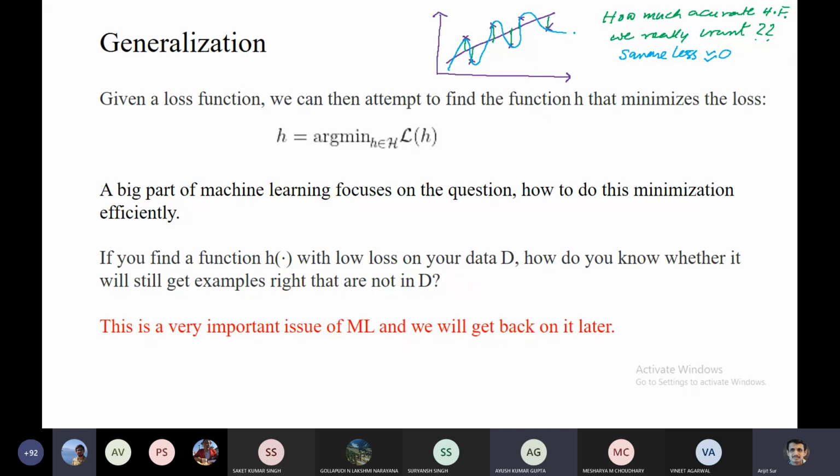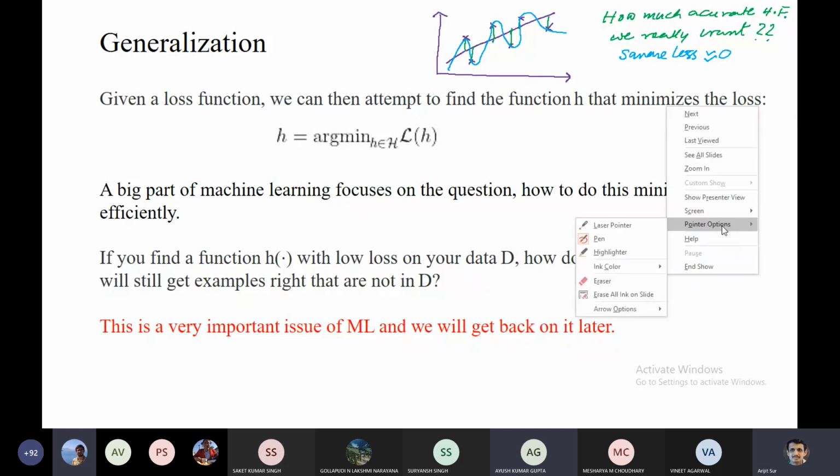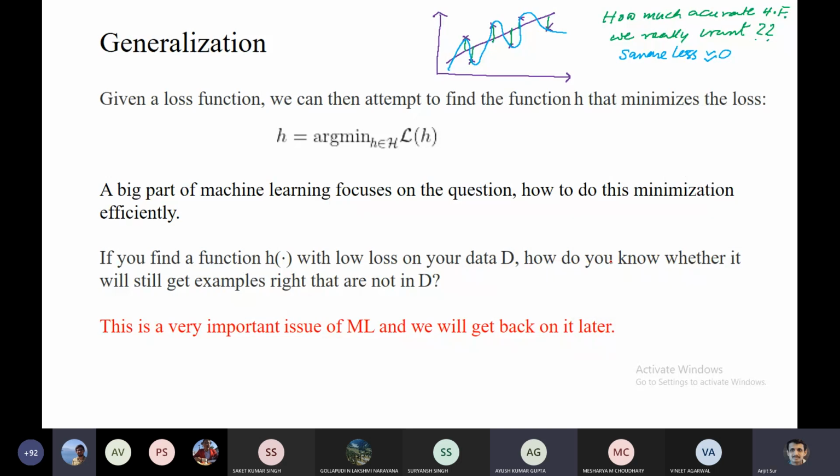Okay. Now let's consider another situation. Say we have a point here, and this point is basically a noise.